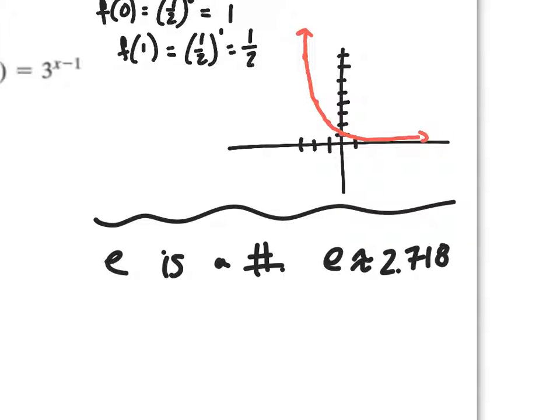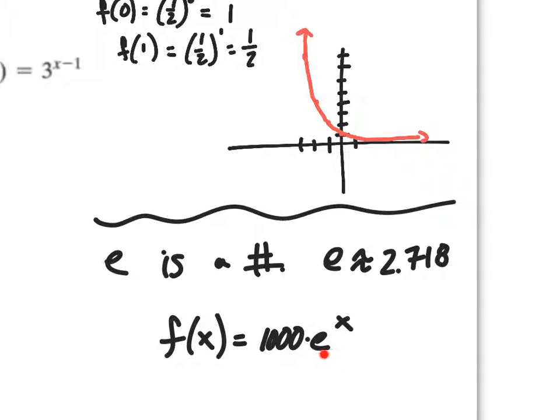It's kind of like the number pi, okay? And what you'll notice is that on your calculator, you actually have an e button, all right? So with a compound interest formula type thing, you'll have a function like f of x is equal to, say, 1,000 times e to the x power, okay? Where e is your base.